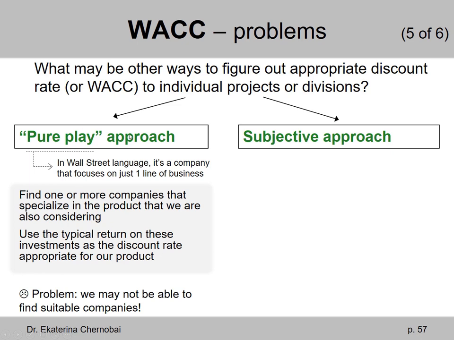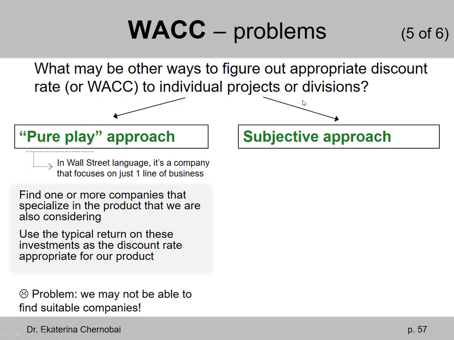The problem with the pure play approach may be, what if this new investment opportunity our firm is considering is something that does not have anything like it in other companies? So what if we may not be able to find suitable companies to sort of borrow their typical rate of return and use it for our project discount rate?